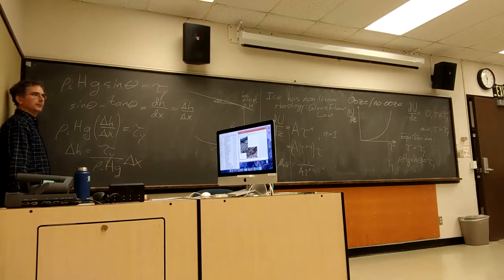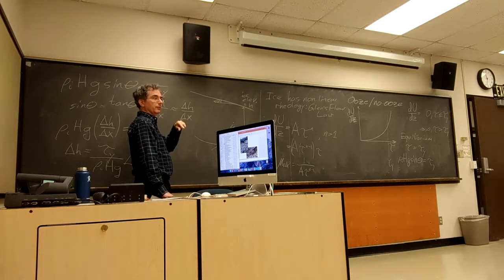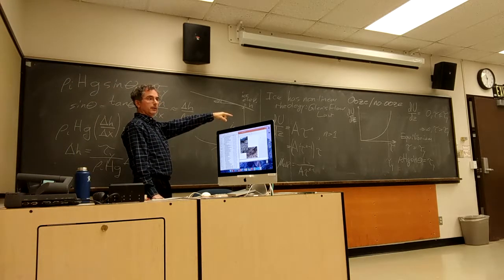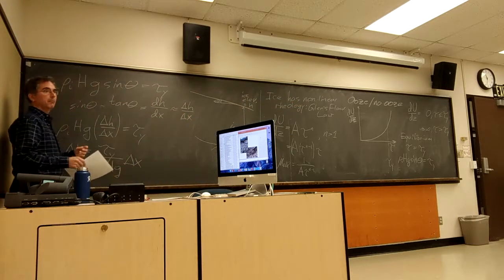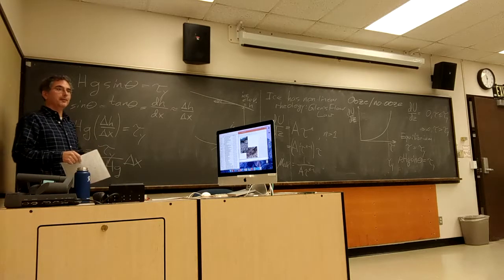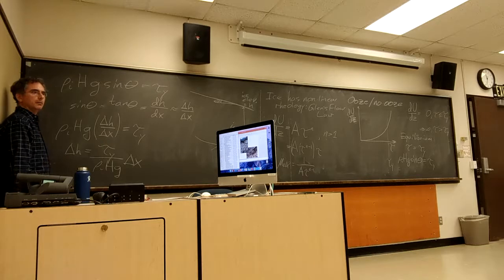Density, gravity, and I calculate a predicted increase in the ice surface elevation for that increment delta x. And then I step there and I go, okay, now I know the ice surface elevation here. Now I can predict what it is over here, and so on, all the way to the divide. Provided certain assumptions and approximations hold, it's worth a try. And so that's what you will do in your labs next week.